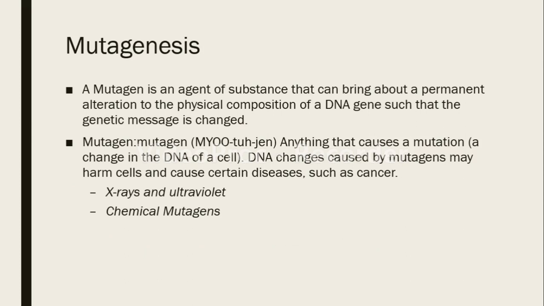You know that mutation means the change in a single base pair of the DNA. What do you understand by mutagenesis? A permanent physical change. A permanent change that takes place in DNA genes is known as mutagenesis. And these mutations are basically caused by X-rays, ultraviolet, and chemical mutagens.